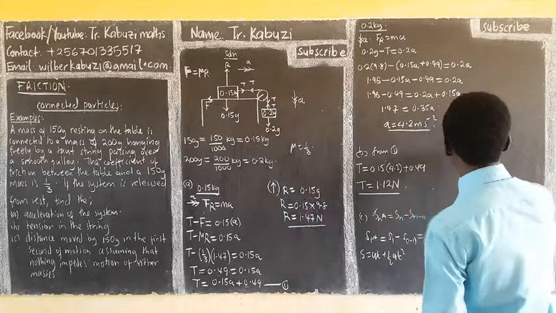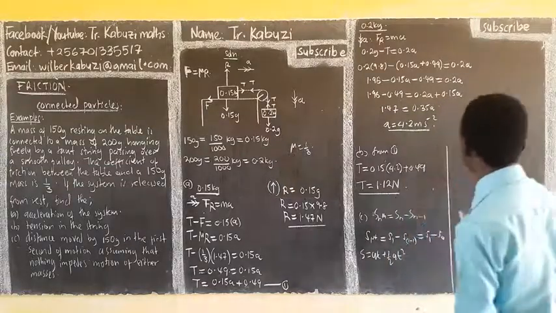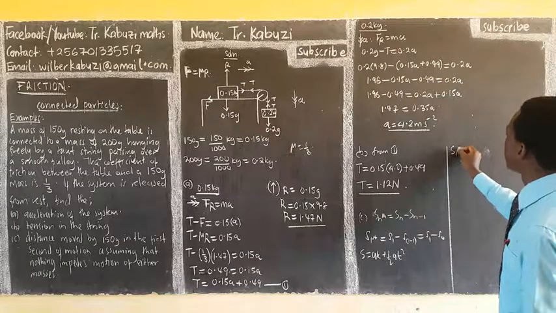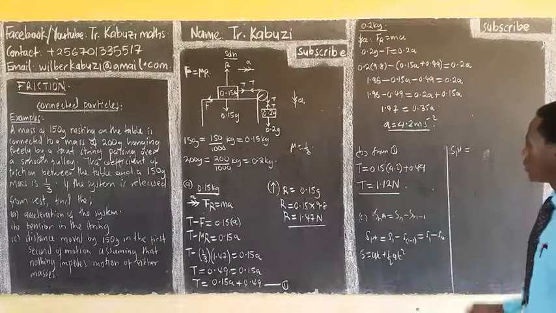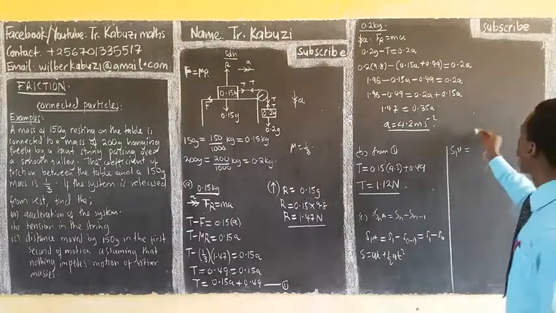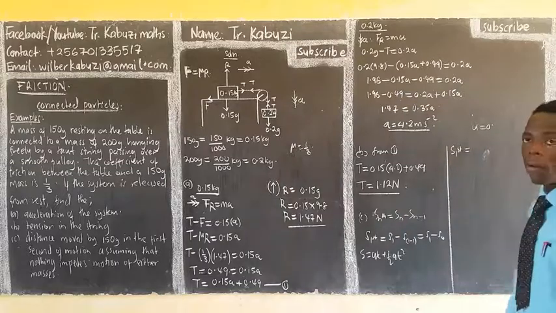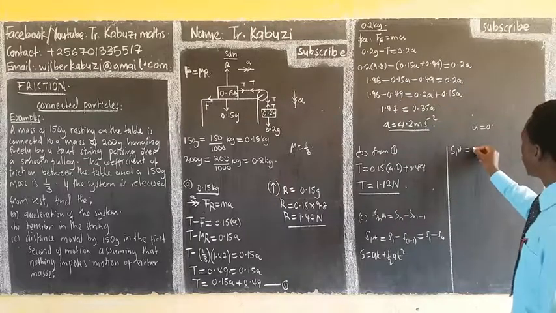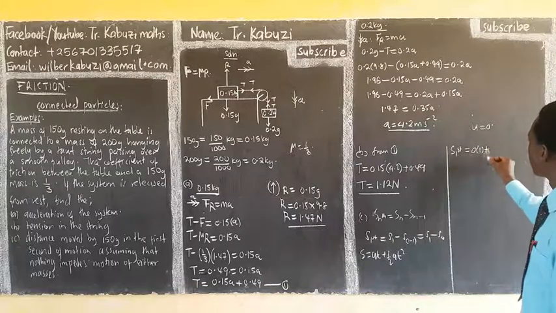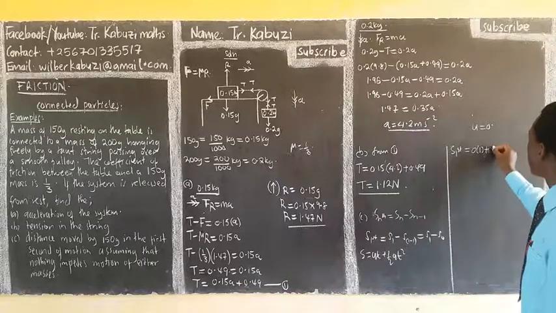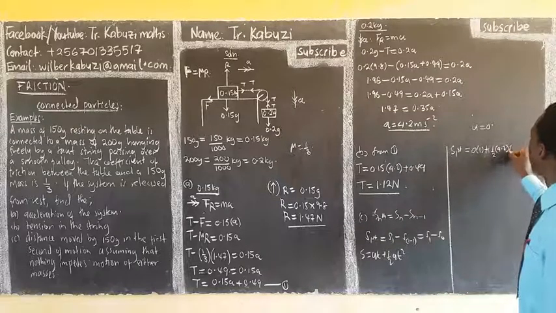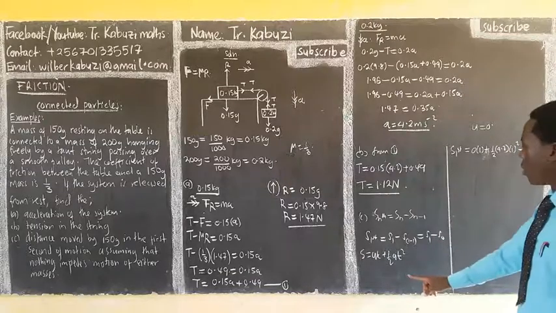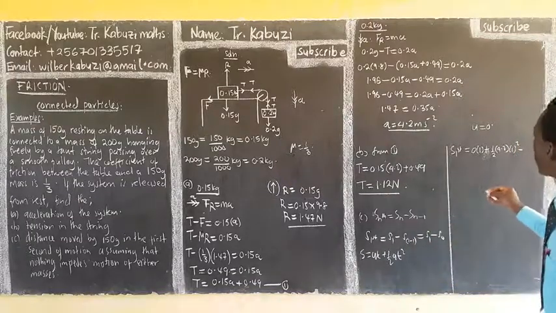So when you put them there, my S in the first second is going to be S1. I'm going to be having my initial velocity U, which is 0, because the particle was from rest. So there I'm going to be having 0 into 1, then plus a half our acceleration, which is 4.2, then 1 squared, minus S of 0.